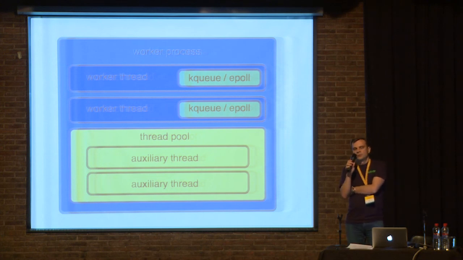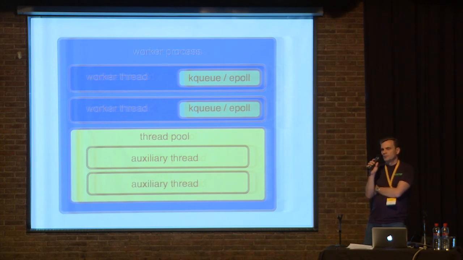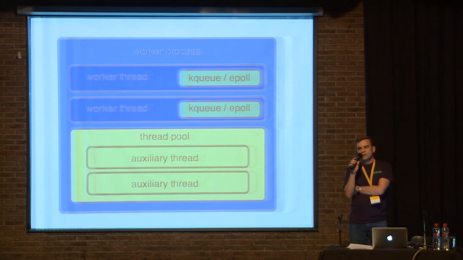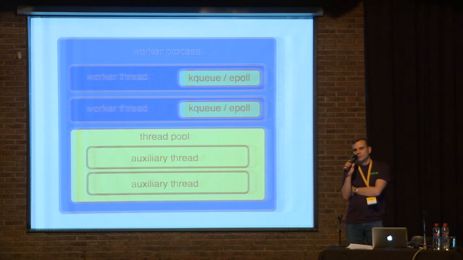When a worker of version 1 needs to read data from disk, it may block for several milliseconds, and for this time all client connections are stalled. To resolve this issue, auxiliary thread pools were introduced in version 1.